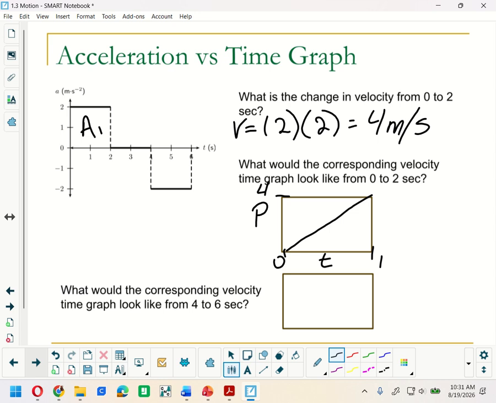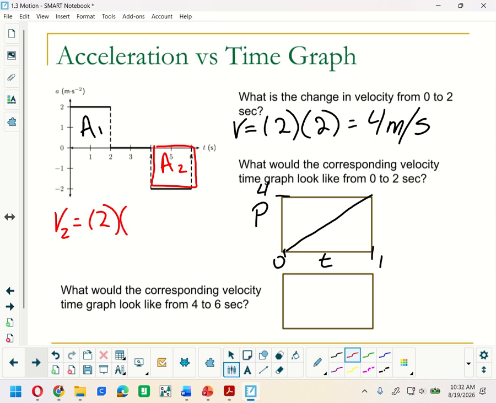What would the corresponding velocity time graph look like from 4 to 6? All right, let's do 4 to 6 now. What shape? Square. So if it's a square, I'm going to call that one A2. So that's going to be my second velocity. This one's going to be square, so what's my base? 2.